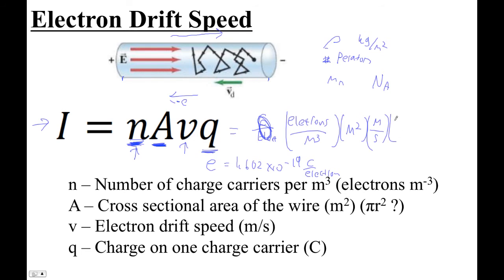Notice that electrons goes away, meters cubed gets rid of meters cubed, and you end up with coulombs per second, which is equivalent to an ampere. So anyway, there we have it. That's the big idea here.